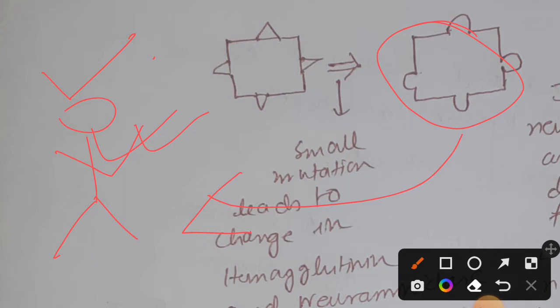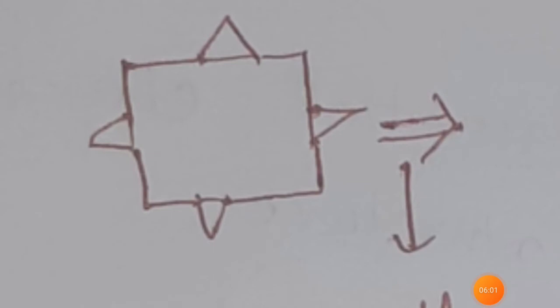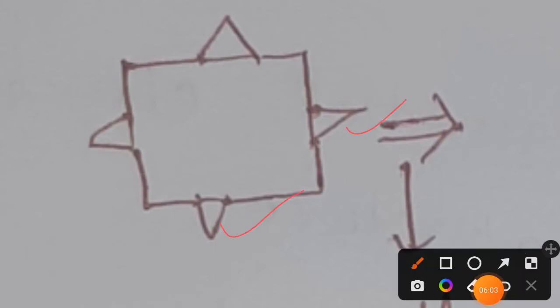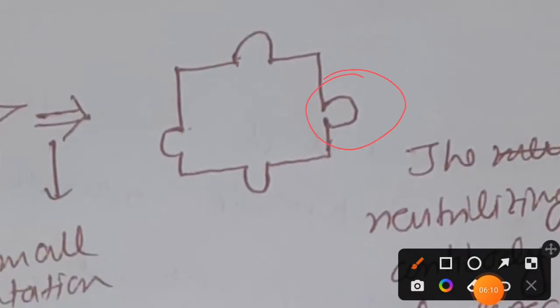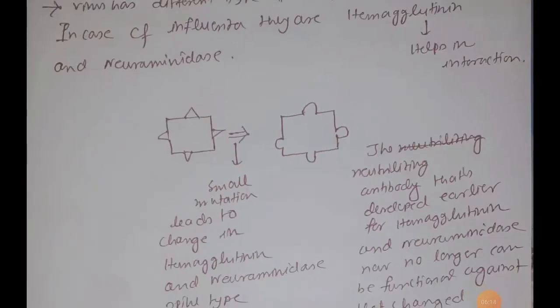The answer is no, because the antibody the person developed against the hemagglutinin was specific for that structure, that triangle structure. But now the hemagglutinin structure is quite spherical, or you can say circular. So how can those antibodies protect us from influenza virus containing that kind of hemagglutinin?